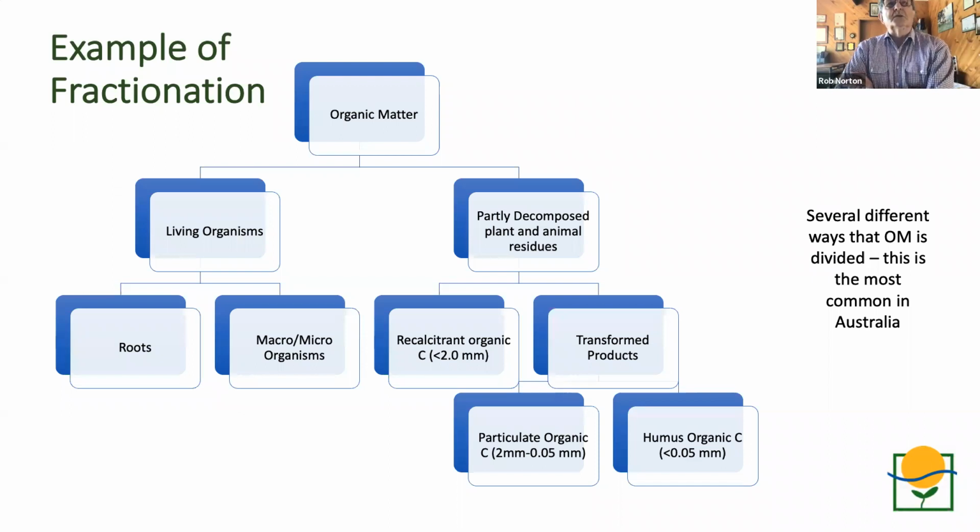So what is it though? Organic matter is lots of different things. If you look at organic matter, it's living organisms, roots and macro and microorganisms. It's partially decomposed plants, and that area there, partially decomposed plants, comes from the microorganisms as they die, which comes from the roots, and the other pools here, the particulate, which we'll talk about in a minute, are also in exchange.